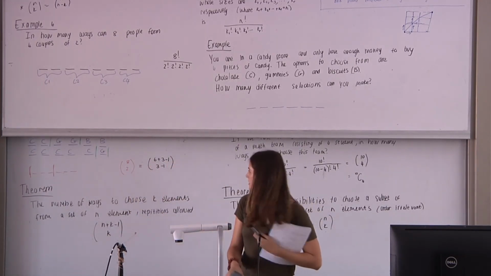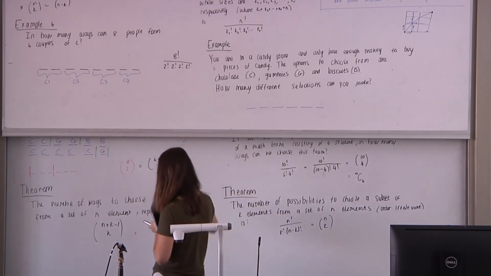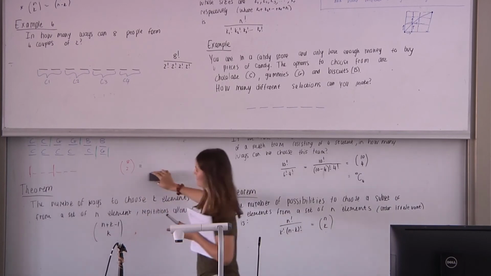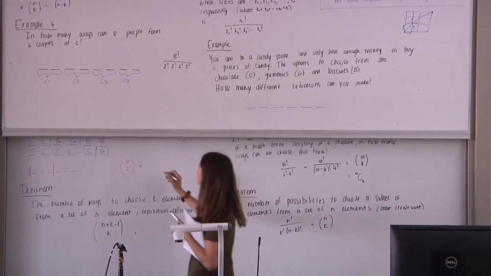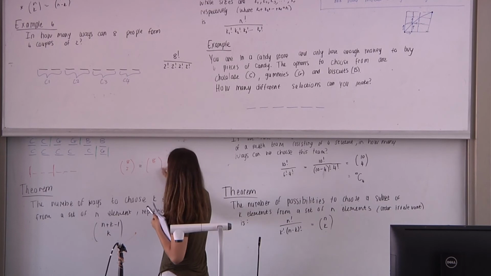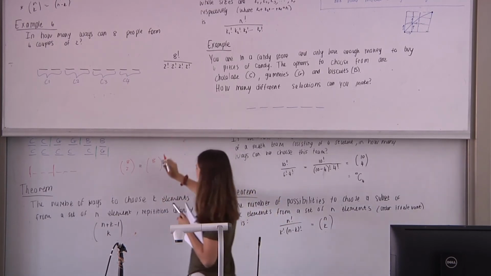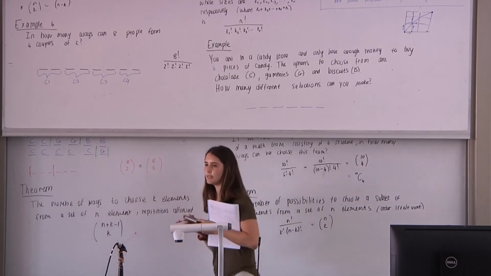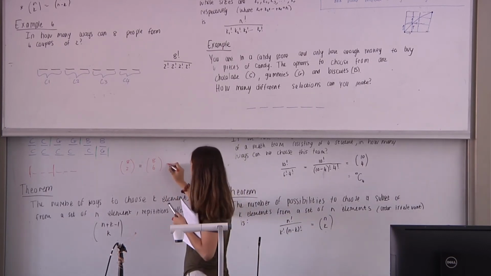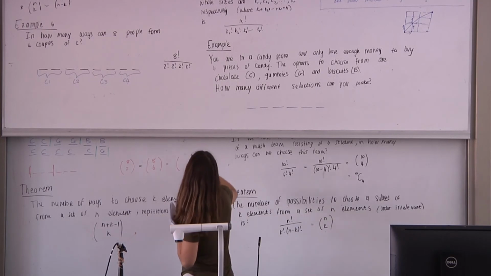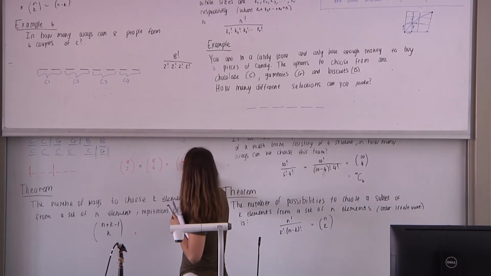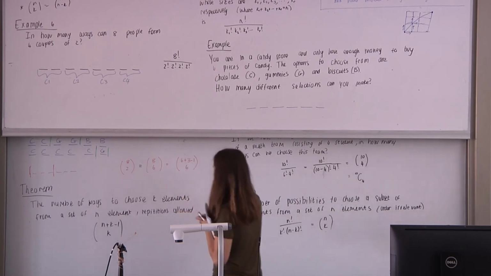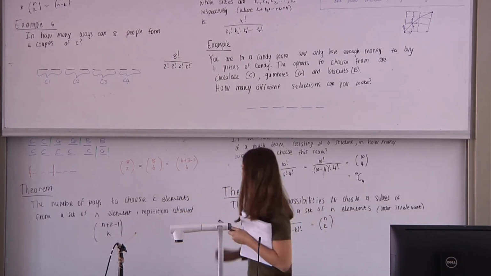Sorry, that is not the easiest way to have written this. One of the properties that we showed is that 8 choose 2 is also equal to 8 choose 6. So this is 6 plus 3 minus 1 choose 6. That is a lot easier to see.